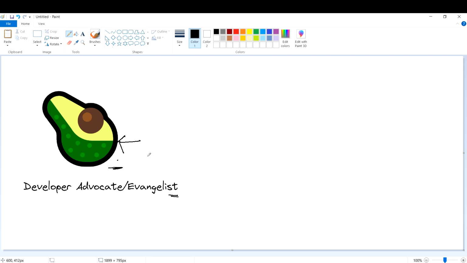So I got to know this: the use of the avocado symbol in the developer advocate community is believed to have originated from the Holy Guacamole meme, which was popularized on social media in the early 2010s.